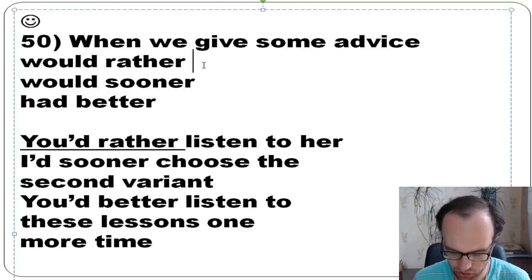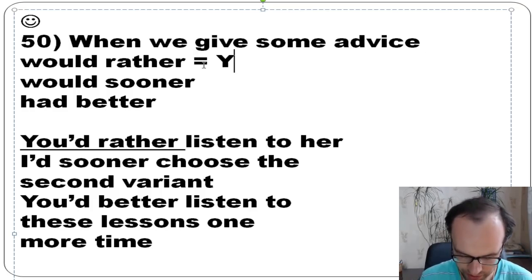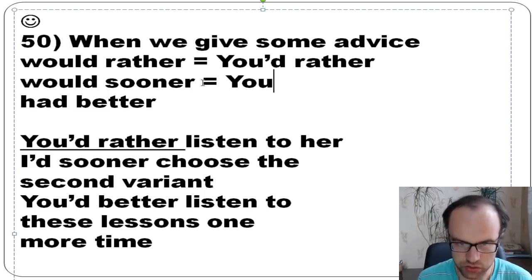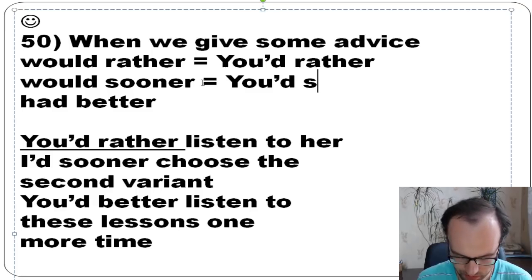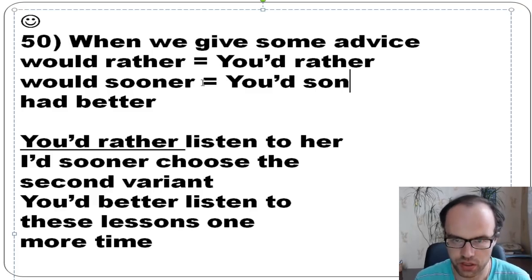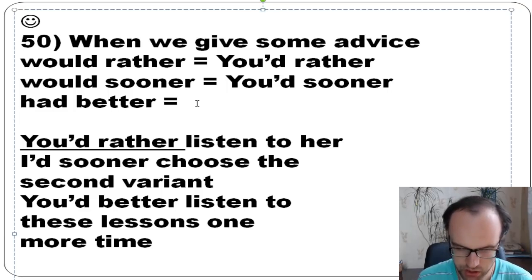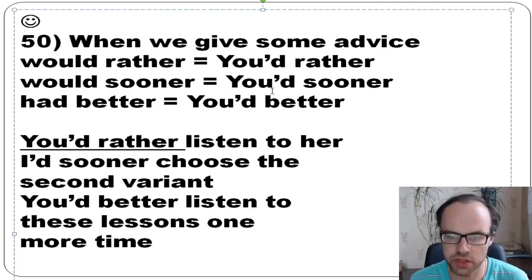So we say you'd rather, okay? Next, would sooner or you'd sooner, okay? And you see had better. It's you'd better, okay? You'd better, plus verb.